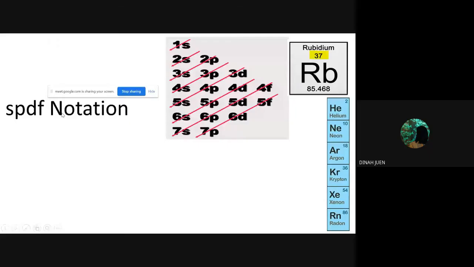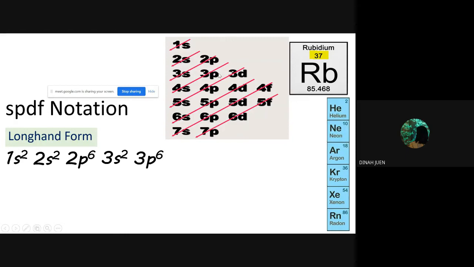The first thing you need to do is to write 1s, because this is the first one here. 1s followed by 2s followed by 2p. So here 1s2, because as I've said and as you remember, the s sublevel can hold 2 electrons, followed by 2s2, followed by 2p6 because the p sublevel can hold 6 electrons, followed by 3s2, 3p6, 4s2, 3d10.